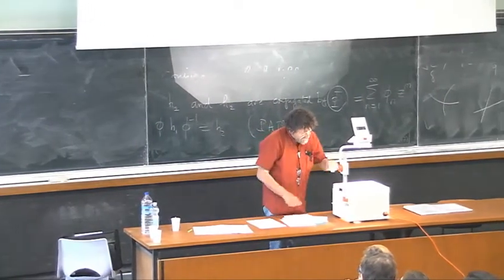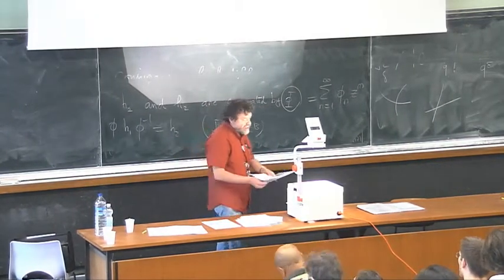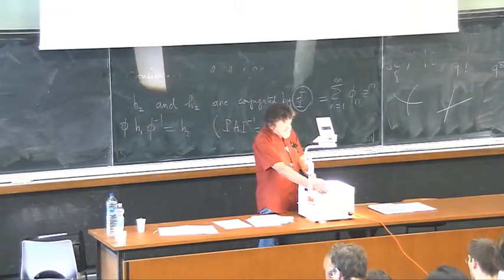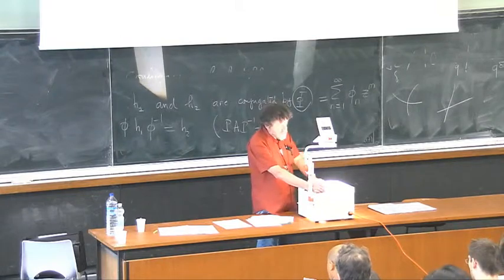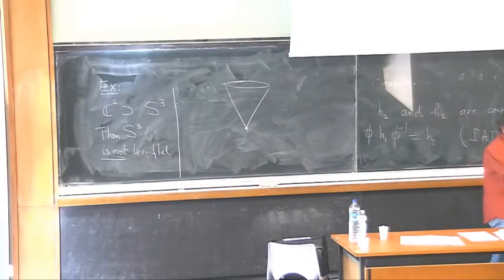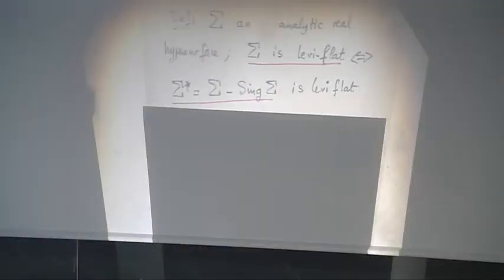Now, I consider real analytic hypersurfaces, but maybe with singularities, for example a cone, a quadratic cone. And I say that this cone or this hypersurface is Levi-flat if the smooth part of this sigma is Levi-flat.